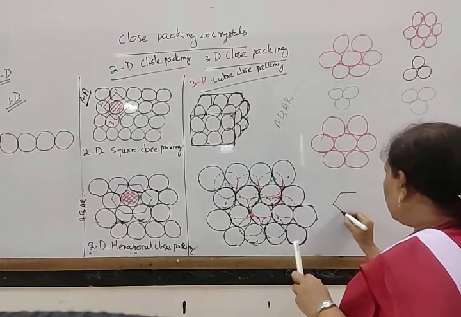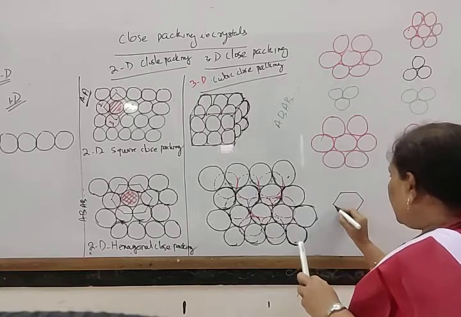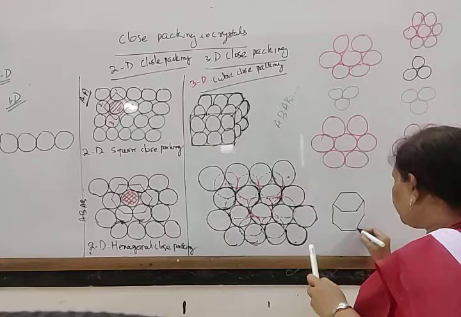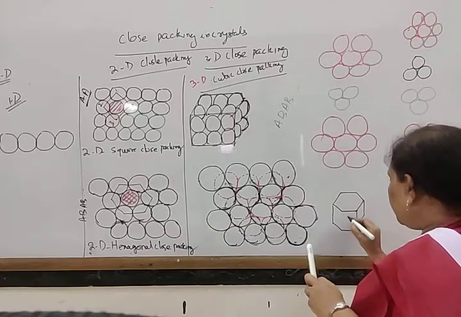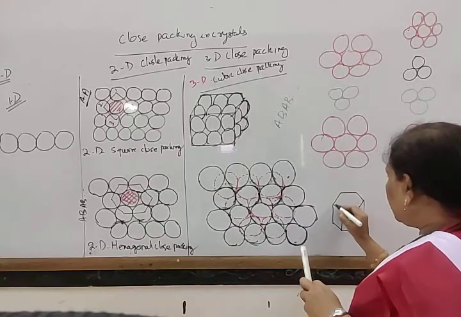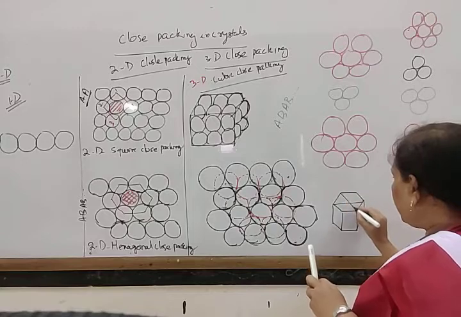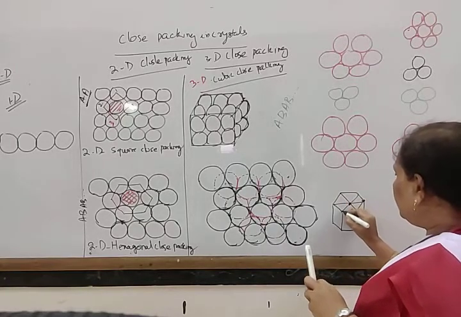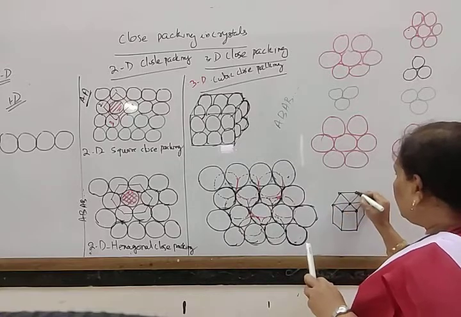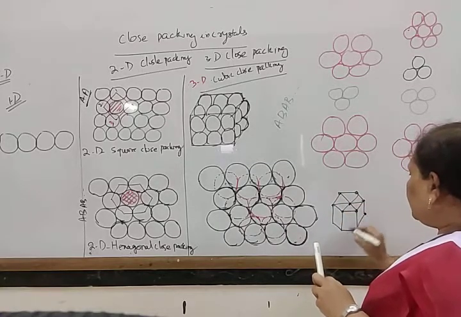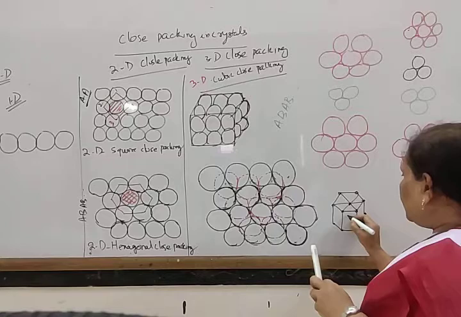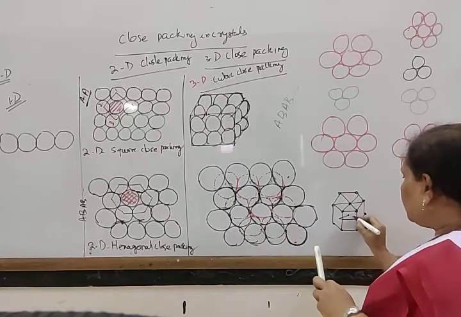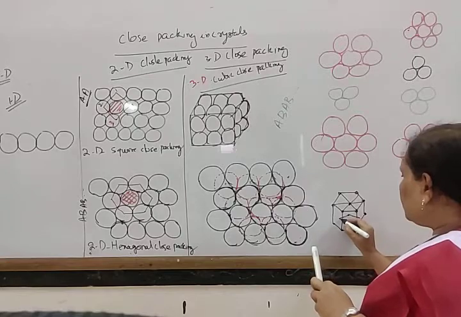If we consider this, then it gives the unit cell like this, similar to that of a hexagonal close packing. In this way, particles are present here, and another 3 particles are present like this only.